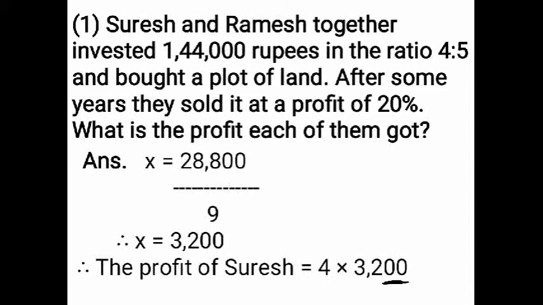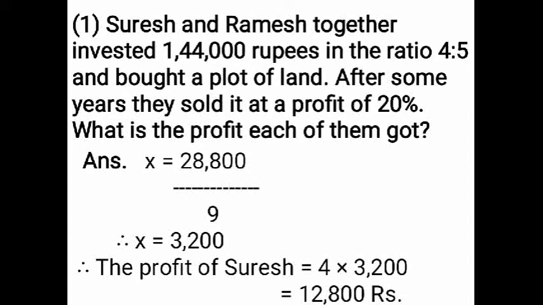Now multiply this: 4 twos are 8, 4 threes are 12. When you multiply 32 into 4, you get 128, and then you have to add these two zeros. So the profit of Suresh I am getting is 12,800 rupees.